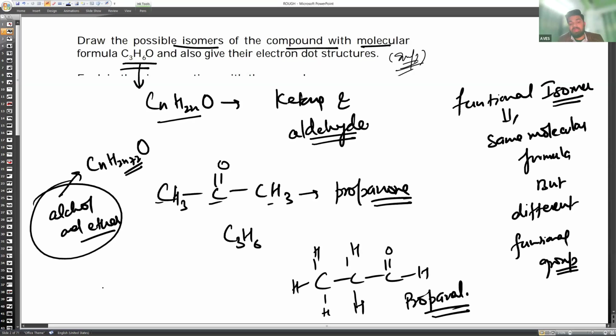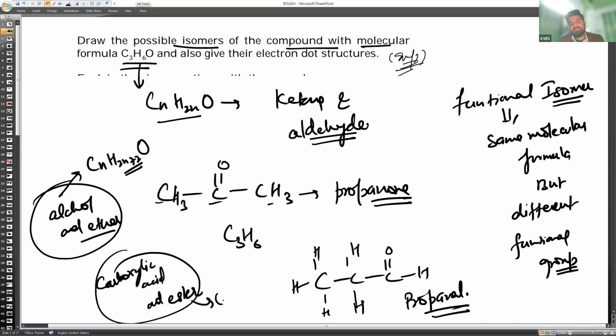And carboxylic acid and ester show functional isomerism, and their general formula is CnH2nO2. The same as ketone and aldehyde, but with a difference of oxygen. Here there are 2 oxygens, there is 1 oxygen in the ketone and aldehyde general formula. Got it?